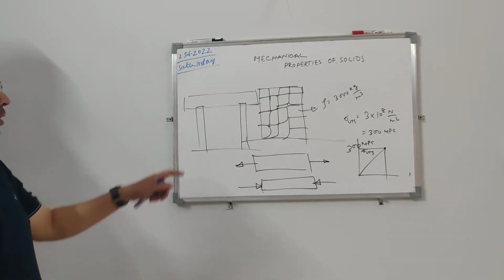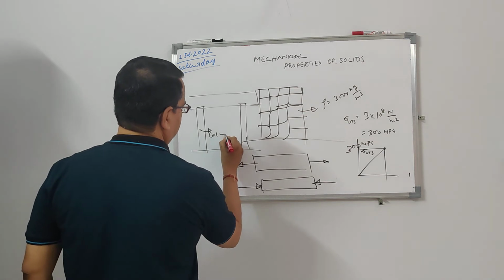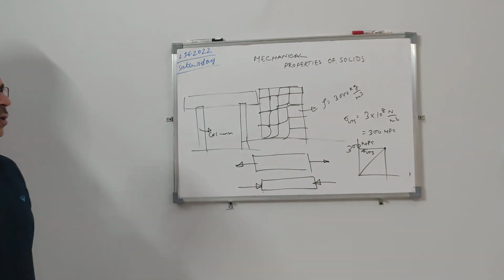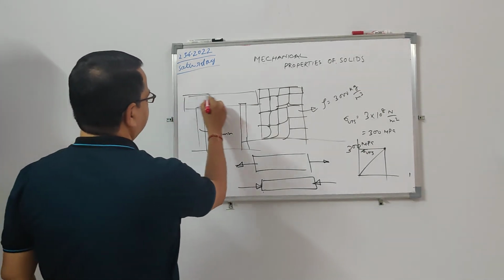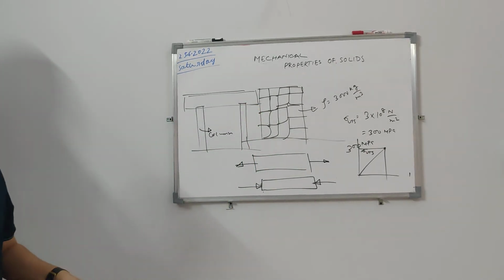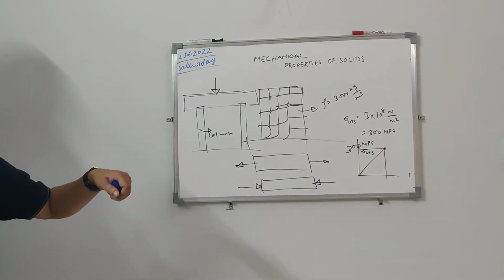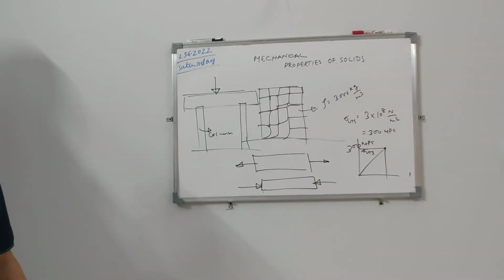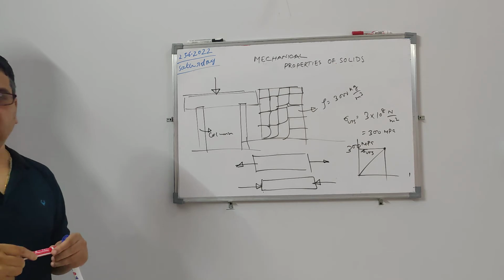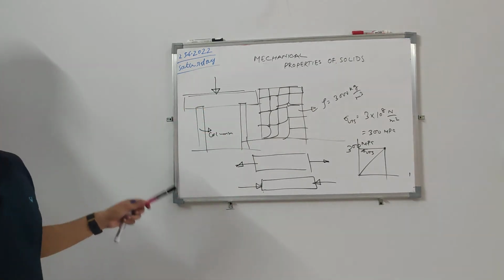These vertical members are called columns. This transverse member in your house is called a beam. From the roof, the load gets transferred to the beams, the horizontal members, and the beams transfer the load to the columns.